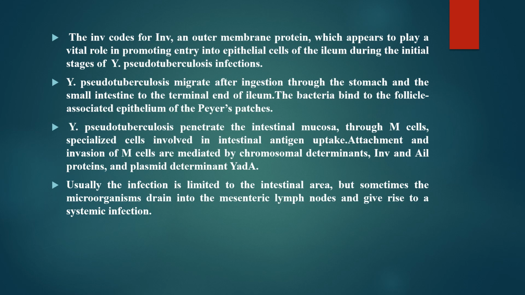Attachment and invasion of M cells are mediated by chromosomal determinants Inv and Ail proteins and the plasmid determinant YadA, that is Yersinia adhesin A. Usually, the infection is limited to the intestinal area, but sometimes the microorganisms drain into the mesenteric lymph nodes and give rise to a systemic infection.